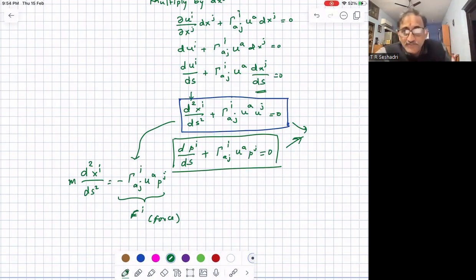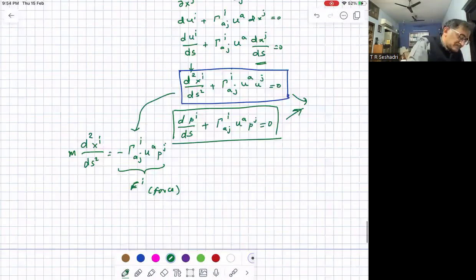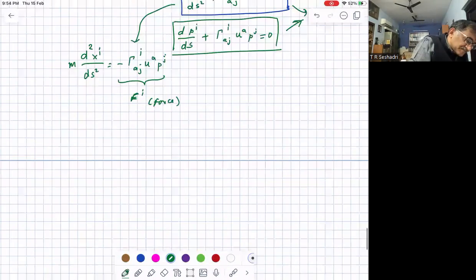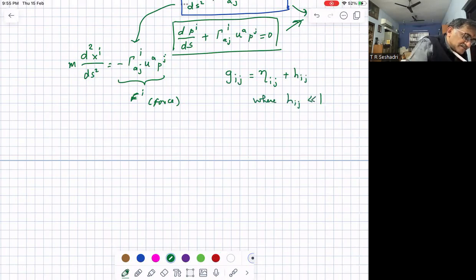Now the next step is to consider a g_ij which is almost Minkowski, but slightly different from Minkowski. I will say that g_ij is equal to eta_ij plus h_ij, where h_ij is much less than 1.